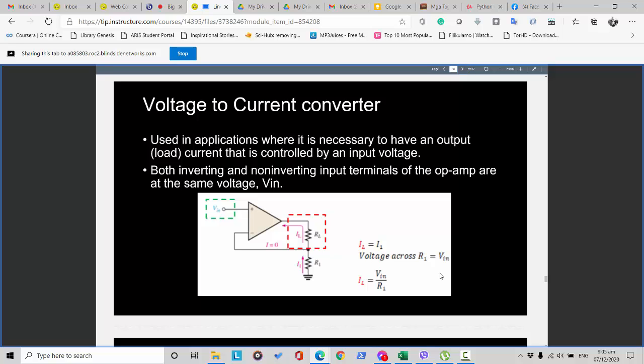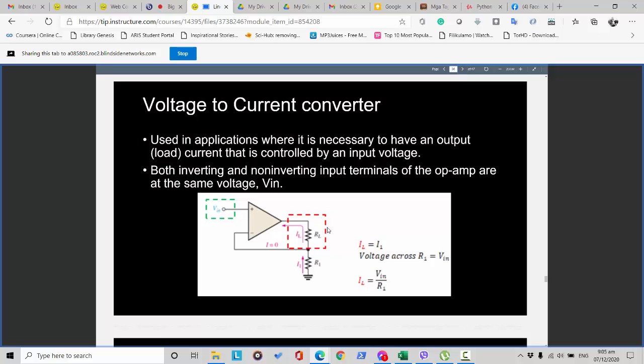So a current to voltage converter, or I to V, on the other slide that we had, takes current as the input and produces voltage as the output. Well, in this case, we take voltage as the input and we have a current as the output.